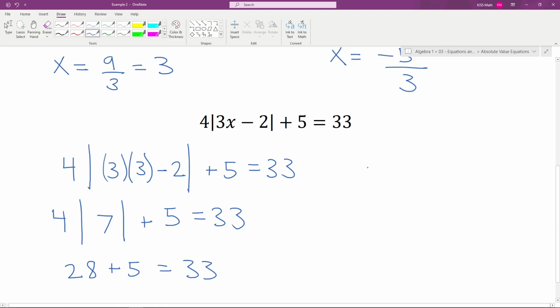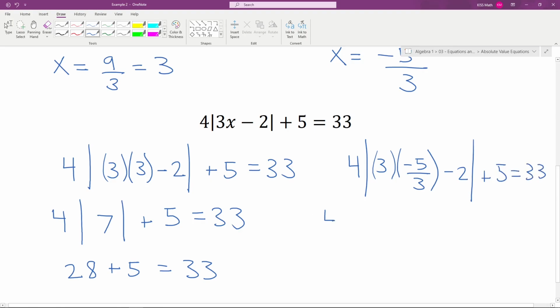How about the other one? So we'll have 4 times the absolute value of 3 times negative 5/3 minus 2 plus 5, and that should equal 33. Now if I look at this fraction, these 3's will cancel out, and I'm left with a negative 5 minus 2.